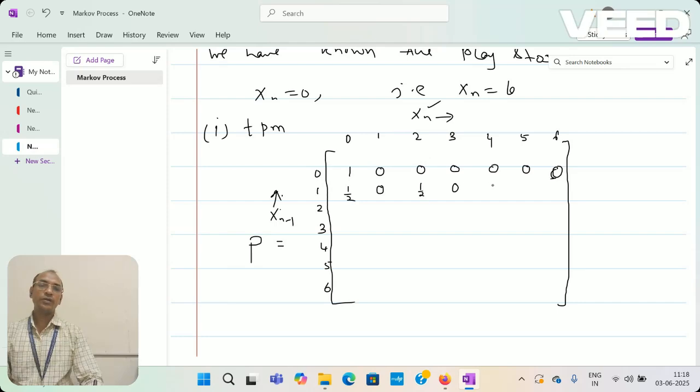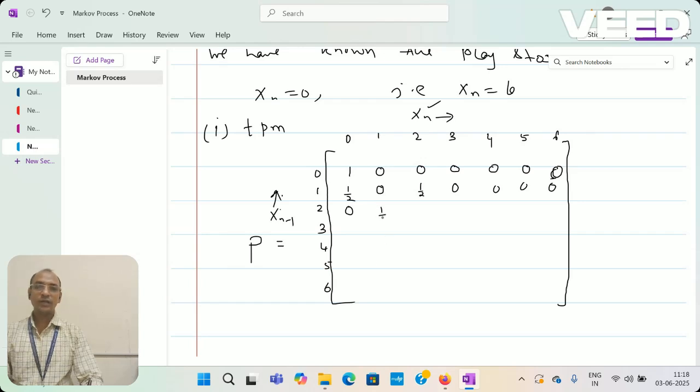The other entries will be 0. Similarly, when he has 2 rupees, he cannot lose 2 rupees at a time, so he will not get 0 rupees. So this probability will be 0. And if he has 2 rupees, he can lose 1 rupee to reach 1.